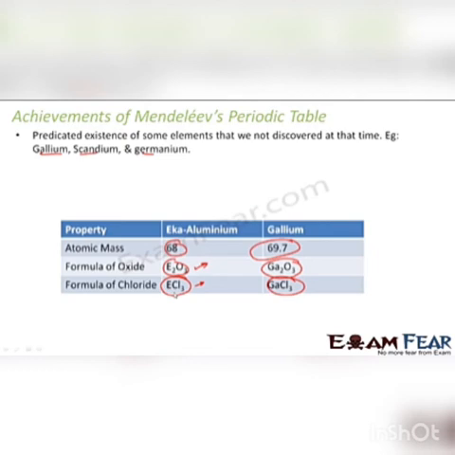Not only the existence of the element, but also the chemical properties of the elements. He could predict properties of several elements based on their position. As I told you, there were elements for which the properties were not found, but based on the position, he could say, okay, this one will form hydrides in this fashion, this one will form oxides in this fashion, right?